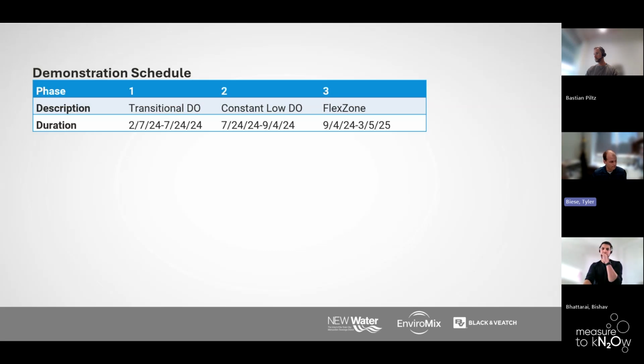So essentially the airflow demand in the fixed aerobic zone is used to control the DO set points in the first 3 subzones. When you have a higher airflow in the fixed aerobic zone, you have a higher loading to the facility, so the DO in those first 3 subzones will ramp up. When you have a lower aeration demand in the fixed aerobic zone during lower loading times, the DO set point in the first 3 subzones will be controlled to a lower set point. Next slide, please.